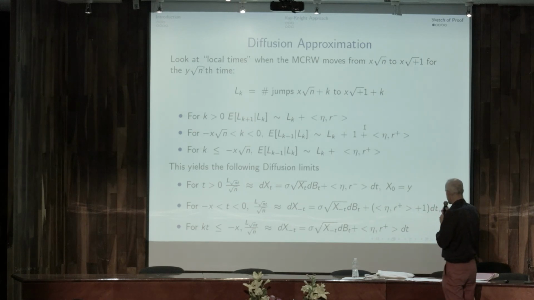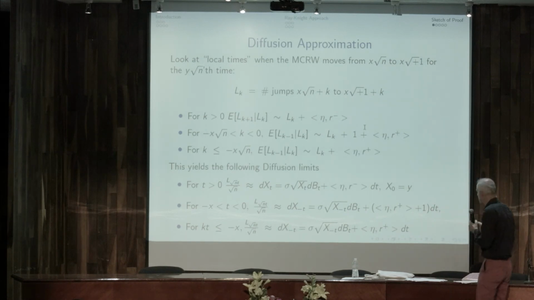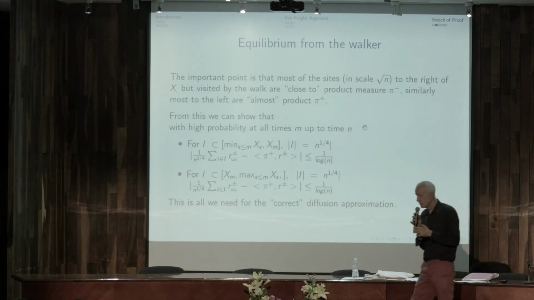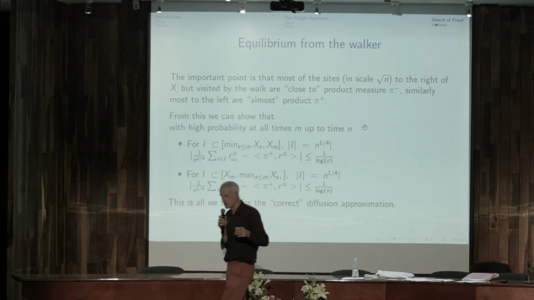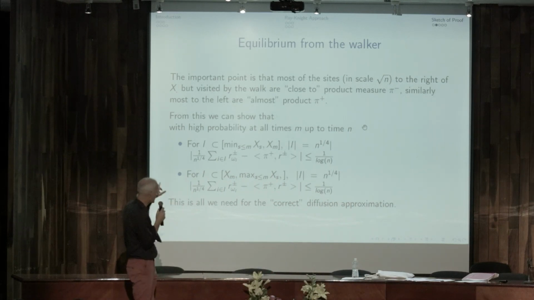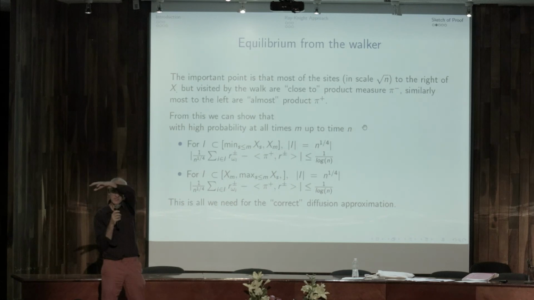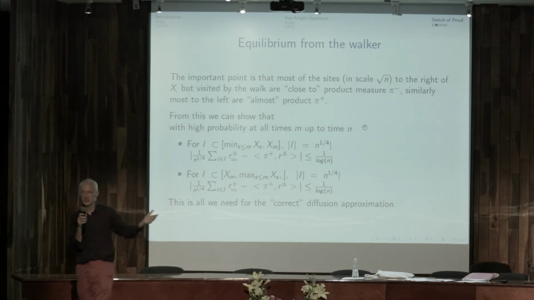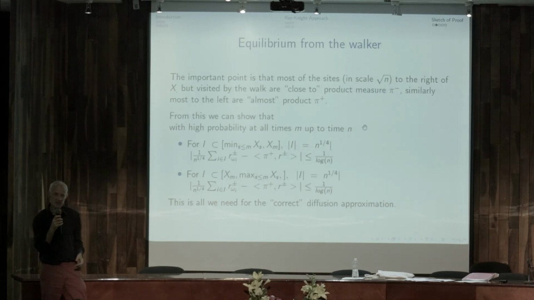Okay? So we have these square Bessel processes, and the point about that is if you look at any particular time, the local times, wherever you go, as long as you're in the range, the local times are going to be very, very big.